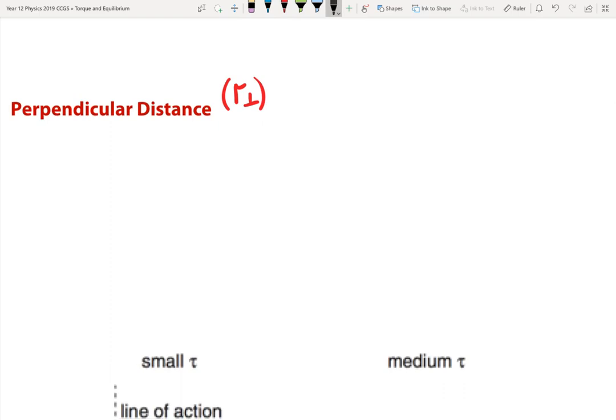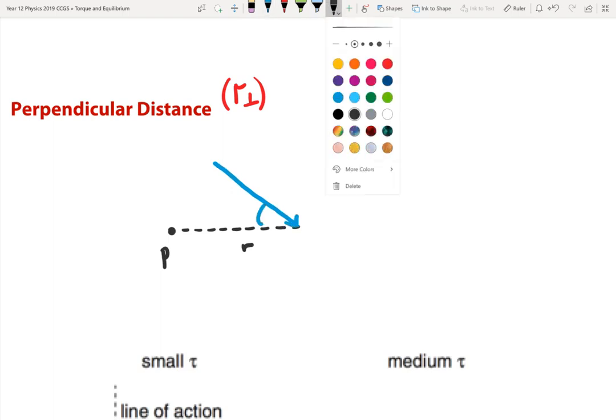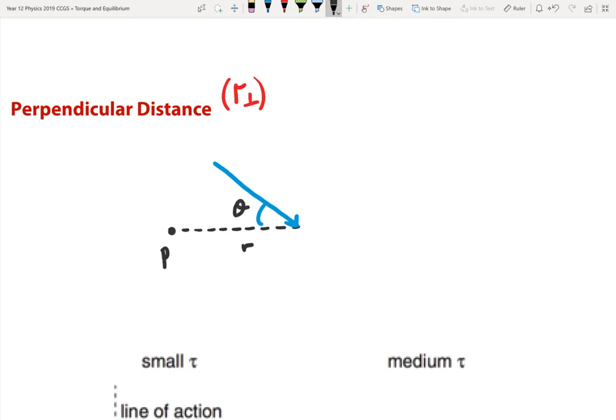What we do for perpendicular distance, let's just draw in our pivot point. Let's draw in our line of action, and let's draw in a force like so, okay, with an angle theta.